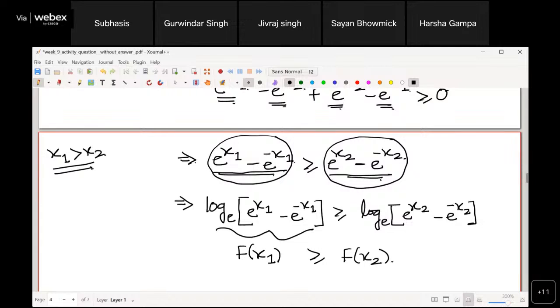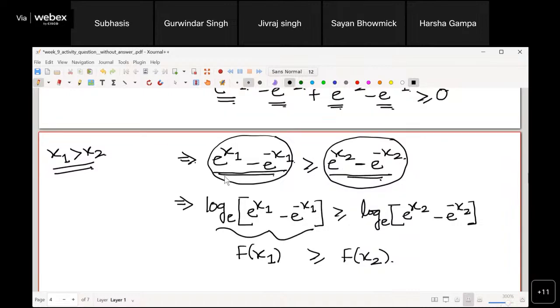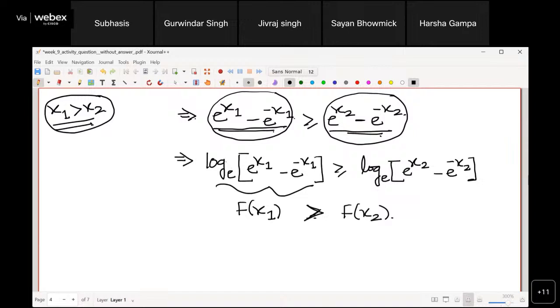And by the same procedure, if x1 is strictly greater than x2, then I get a strict sign: f of x1 is strictly greater than f of x2. That means f is a strictly increasing function.